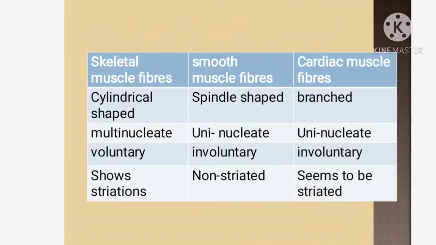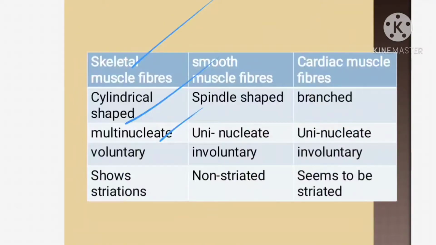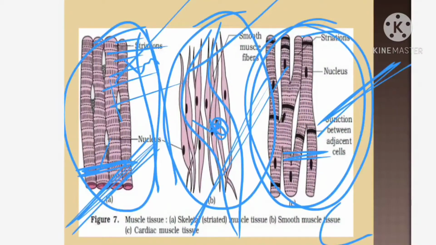Differences have been given. Skeletal muscles or voluntary muscles are cylindrical shaped and multinucleate, meaning you can find many nuclei present. Voluntary, I told you, is under my control and shows striations. Striations means dark, light, like that, dark, then pink, again dark, pink.